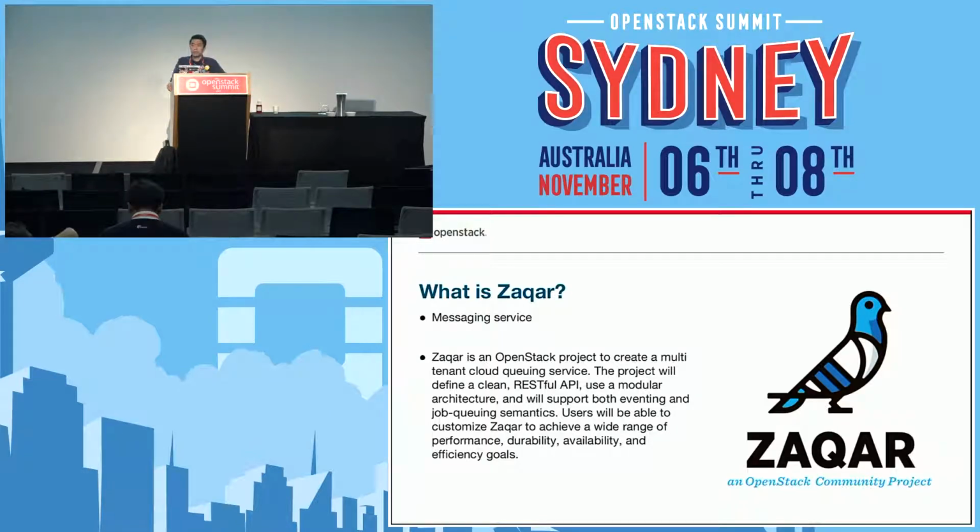And actually, you can find a lot of other similar messaging and notification services in other public clouds. So in the OpenStack world, we have Zaqar. Zaqar can help you do messaging and notification.